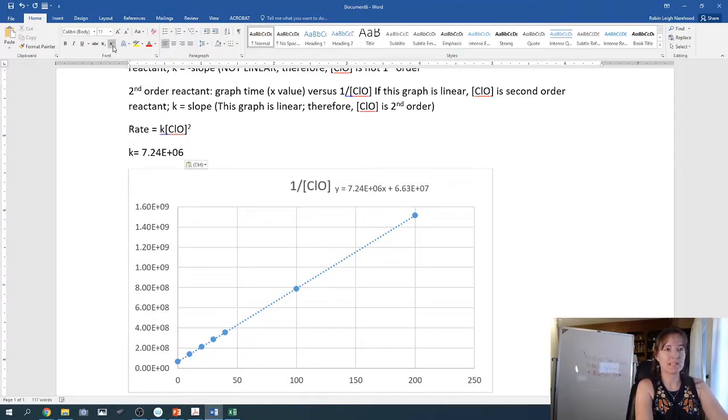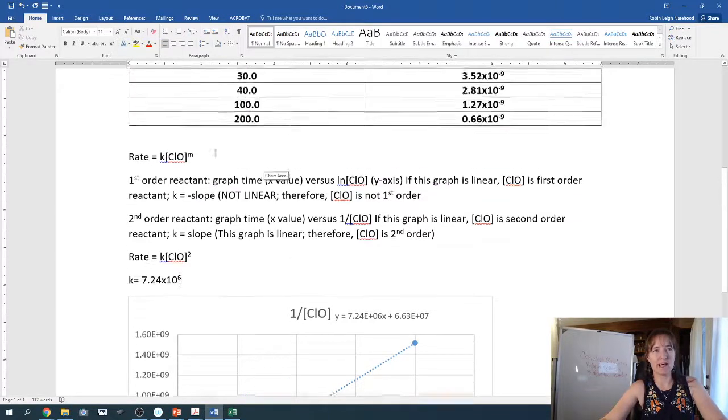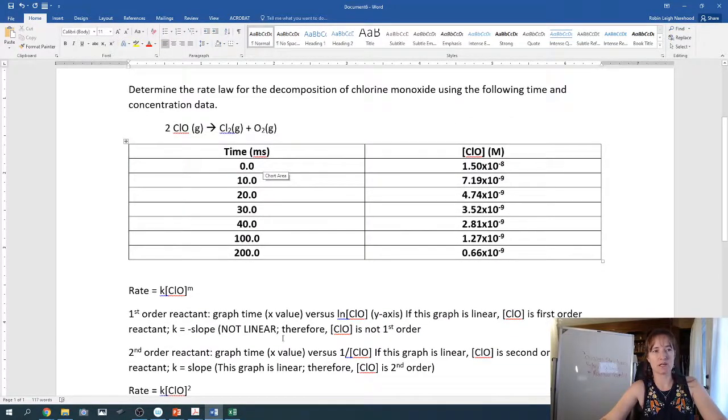And that's not the way we write it. We don't say E. We type it times 10 to the 6th power. So that would be the rate constant. So that's how we use a graphing data, and you only graph time versus concentration.